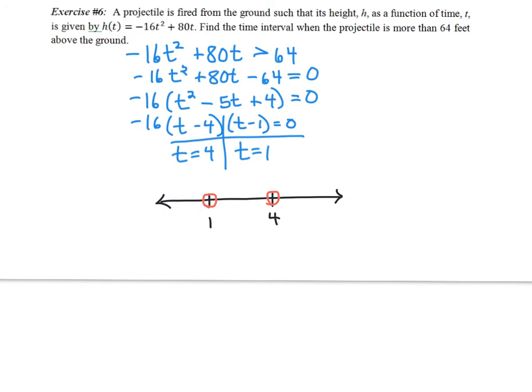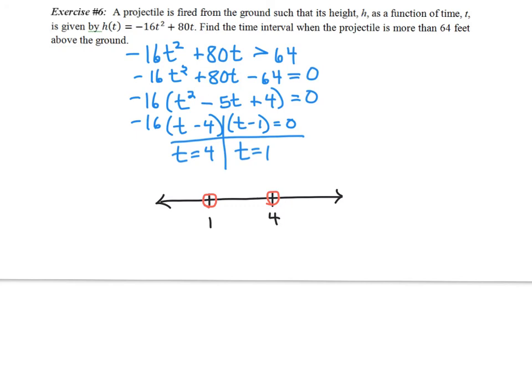But I could put 0 in. So when I put 0 in, I would probably put it in the factored form. Negative 16 is negative. 0 minus 4 is negative. 0 minus 1 is negative. So negative times negative times negative gives me a negative answer. That's not going to be greater than 0, so I'm not going to shade that section.